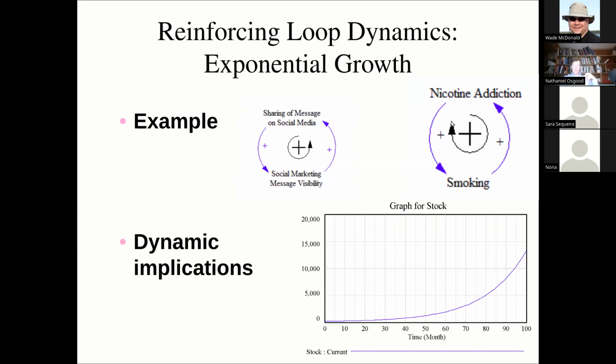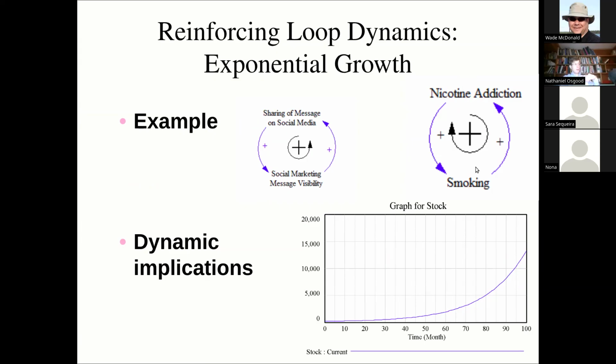This is a reinforcing loop. A given change, like starting to accept the occasional proffered cigarette, leads to a ripple through a set of changes that amplify that original change, that drive it further. I smoke, I'm even more likely to smoke, which further drives my nicotine addiction. So this is a positive feedback.